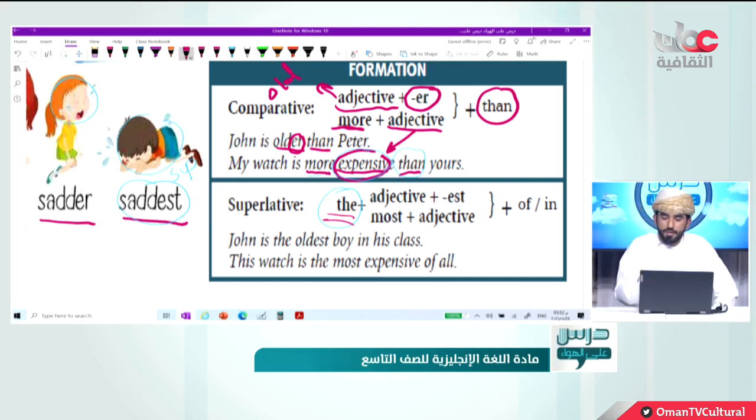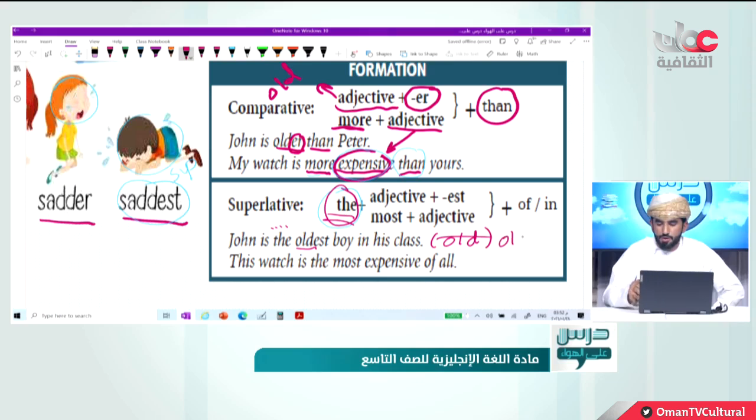If you have the, and then followed by an adjective, or between brackets there is an adjective, like for example old, right? Let's say, for example, John is, and this one is missing in your test. This is what the teacher wants you to write. He gave you between brackets this one, old.